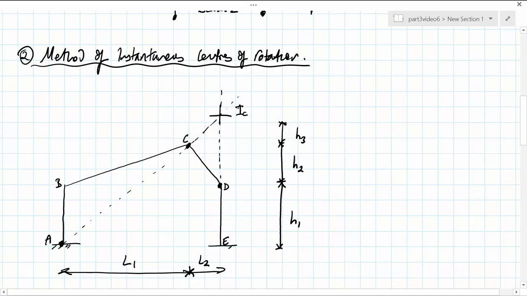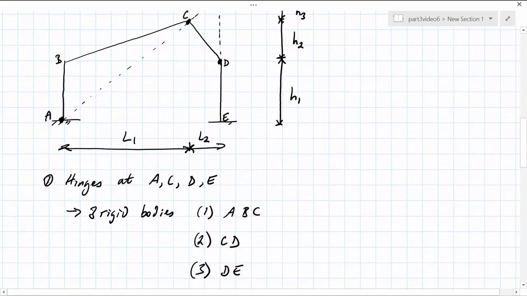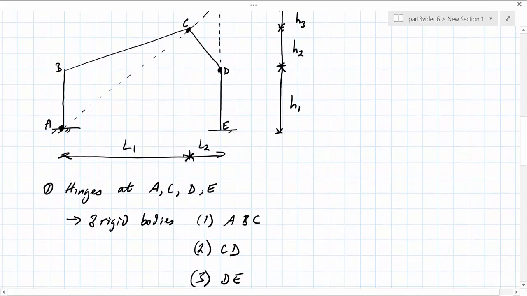The method relies upon tracking the rigid body motion of a segment of the structure through an angle and then relating all other rotations in the structure to this angle. In the diagram shown, we have supposed that there are plastic hinges at A, C, D, and E. From this, we're able to construct three rigid bodies.